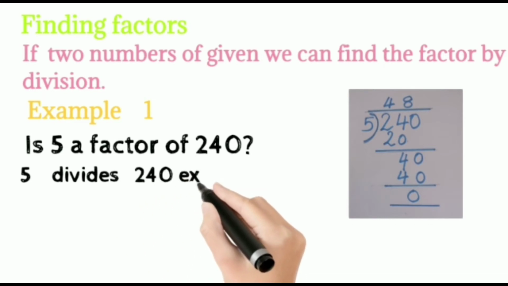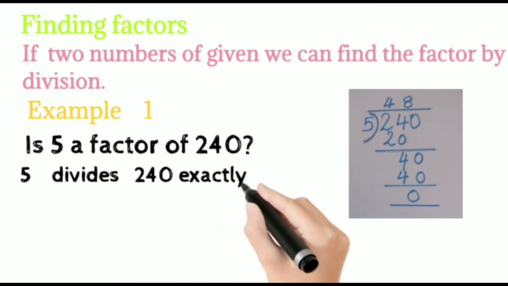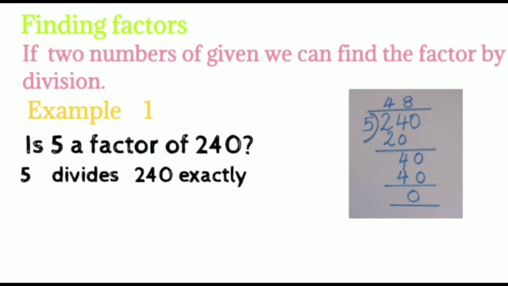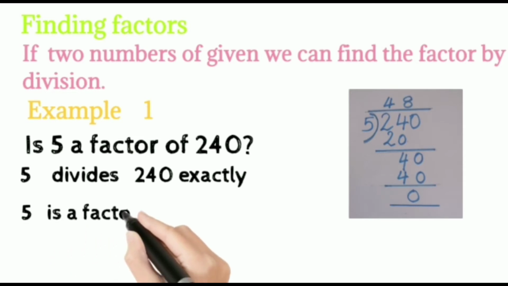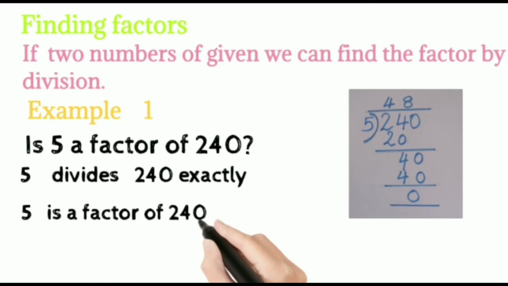That means 5 is a factor of 240. If you learn the tables well, you can easily divide. Next, we are going to another example.